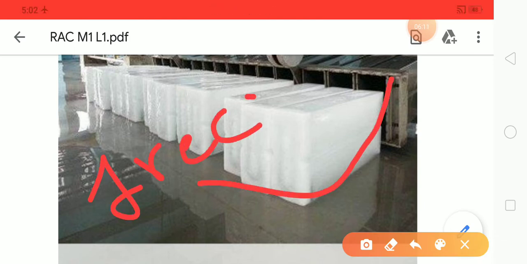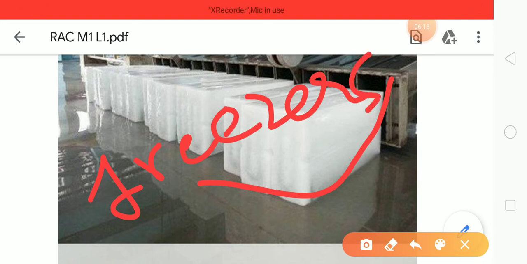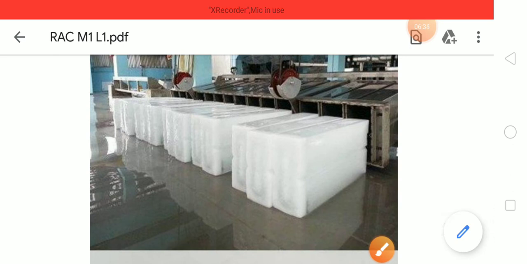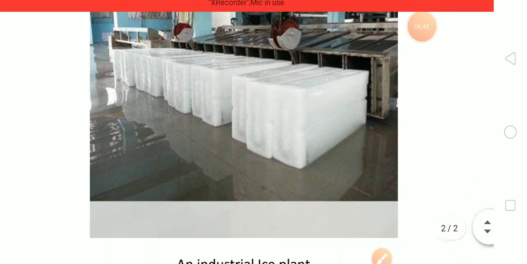These freezers are filled with water and allowed to cool for about 24 hours to become ice, which is then pulled off from the freezers. We can use these ice blocks for industrial purposes, mainly for the storage of fish, meat, etc. This is an industrial ice plant.